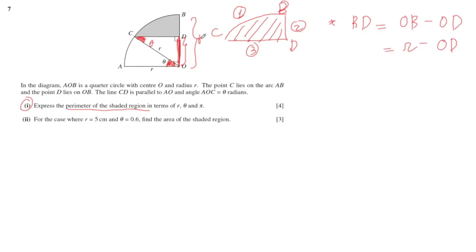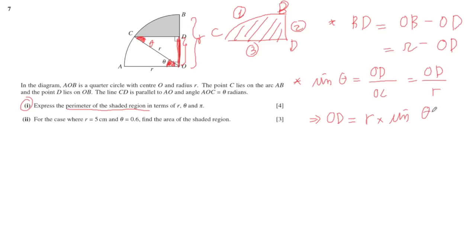So here is phi, and I can use SOHCAHTOA in the triangle OCD. I can set here sine. Sine of phi will be equal to opposite, which is OD, divided by the hypotenuse, OC.